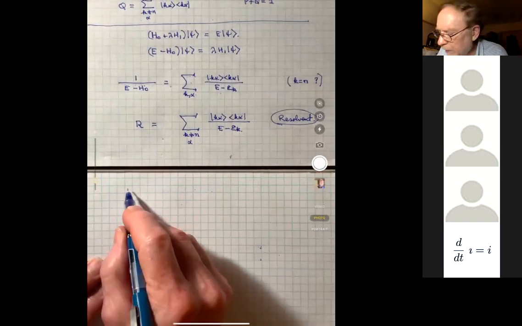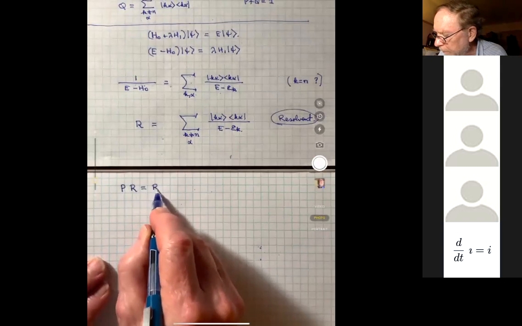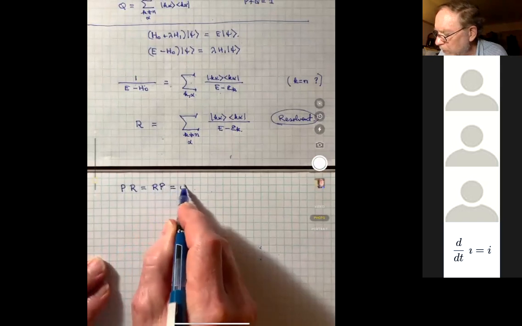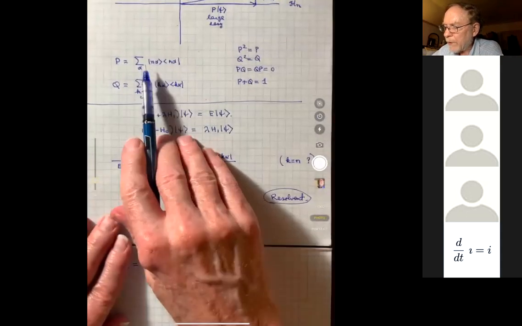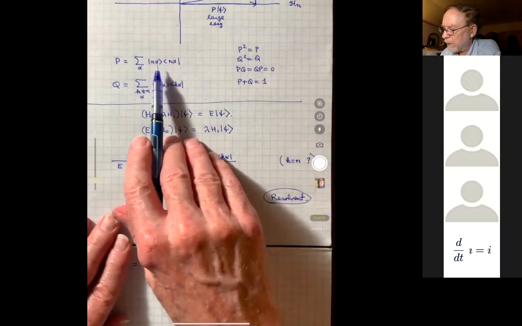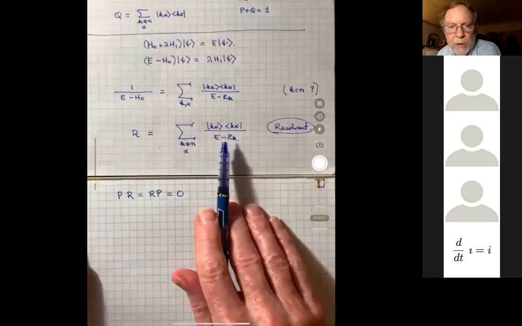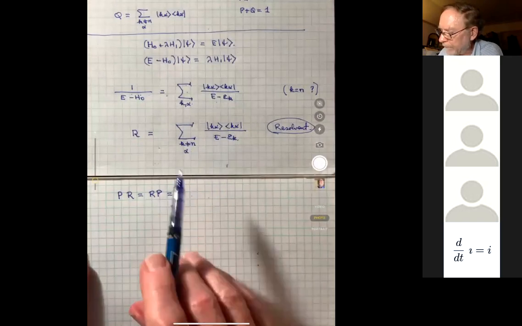In the first place, if I take the resolvent operator and I multiply by the projector P on either side, the answer is 0, because the projector P is projecting onto the states inside the unperturbed eigenspace, whereas the R is excluding those vectors, and so it's going to kill each of these k alphas if you apply P to it.